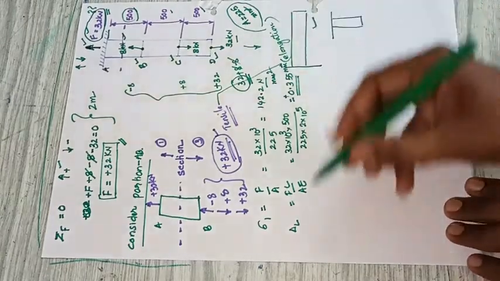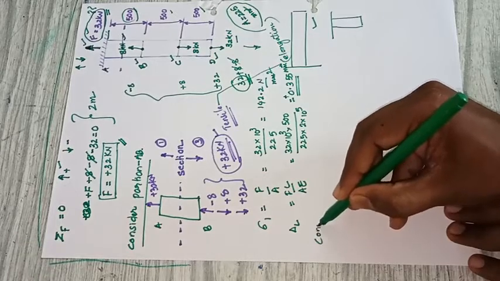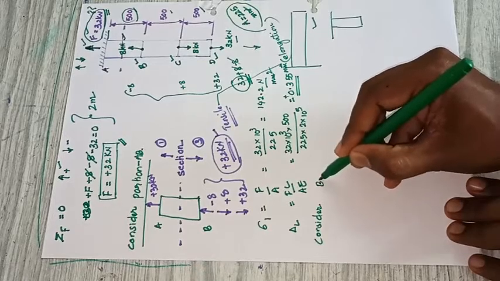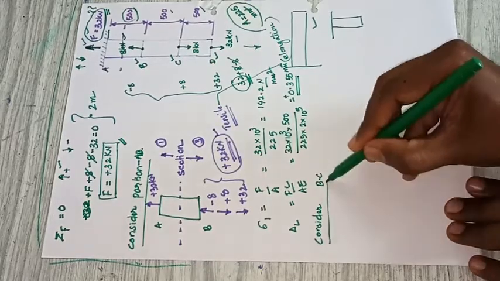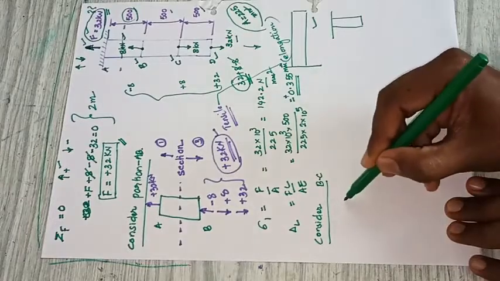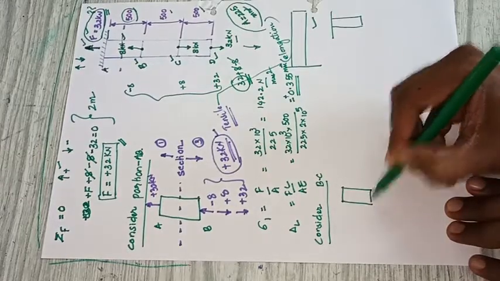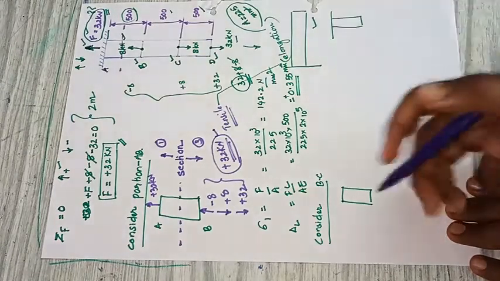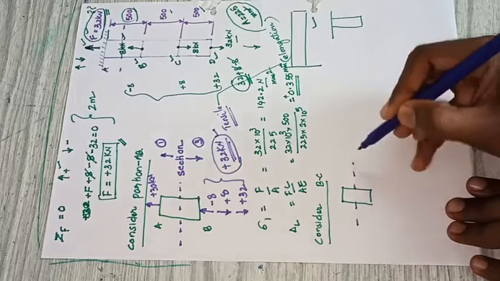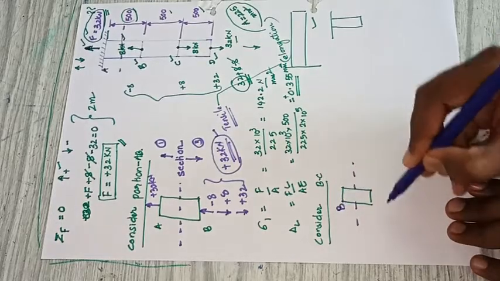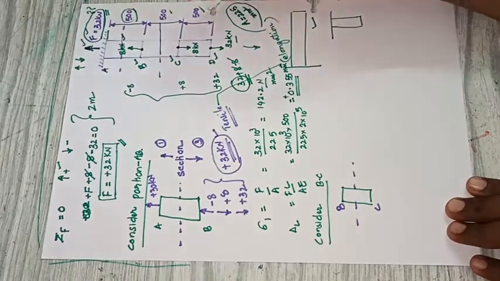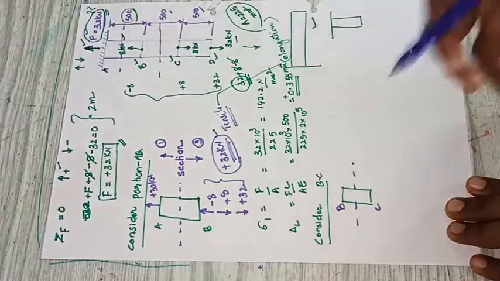Next, consider the second portion, that is BC. I will draw the figure of that. This is the figure, and I will draw a section in between these two points, B and C. After taking a section, check the forces acting above and below the section.